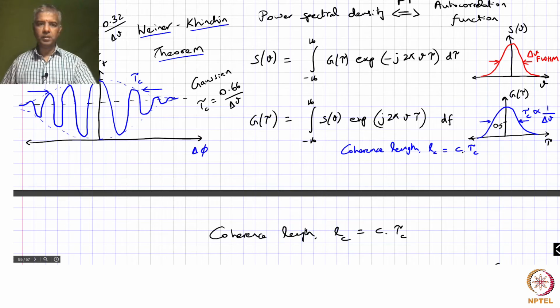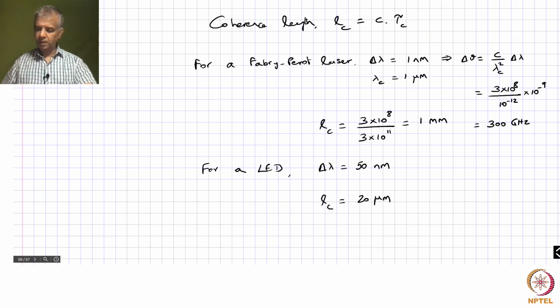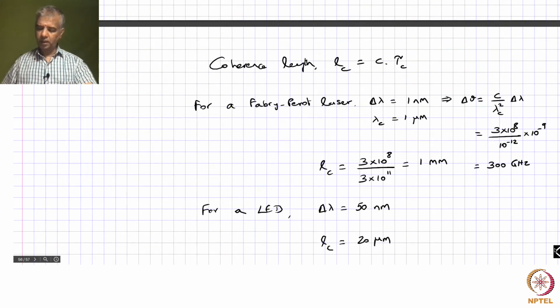You're going to lose your fringes, or the ability to use the interferometer as a phase modulated sensor, if you have a path length difference that's greater than the coherence length. So that is where we were.